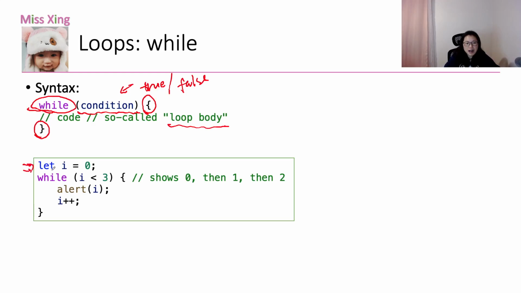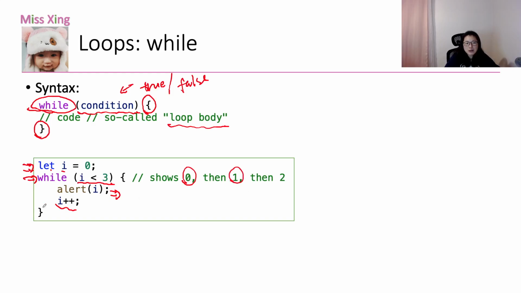Here I have i equals 0 and while i is less than 3. At the beginning, i is 0. 0 is less than 3, which returns true. So it will alert 0. Then i plus plus, and after this statement i becomes 1. Then we go back to the while condition. 1 is also less than 3, so alert i will show 1.